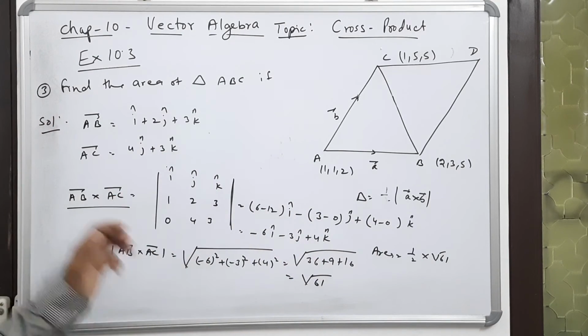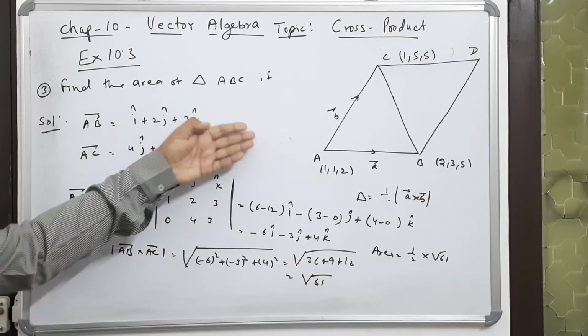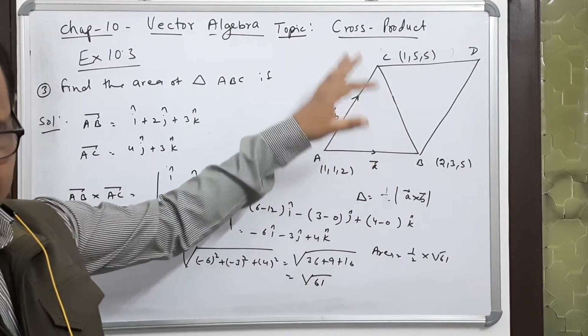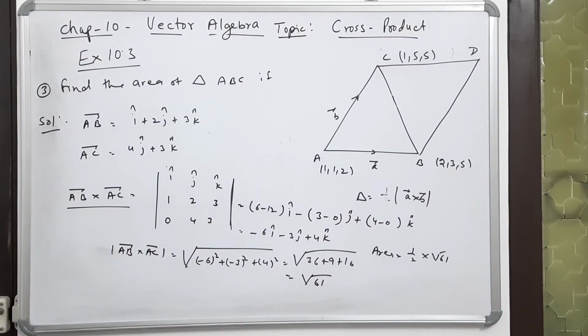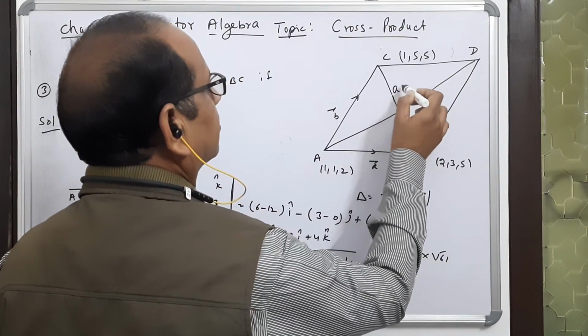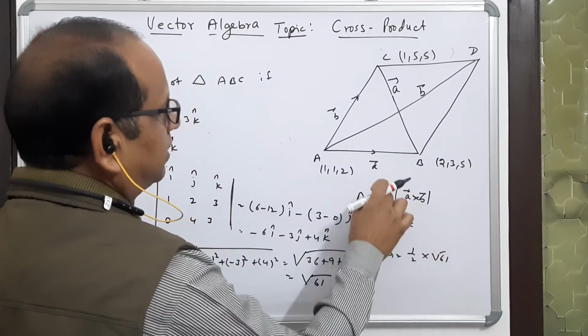So this is the important part of the cross product. How to find the cross product, the magnitude of the cross product. What are the applications of the cross product for finding the area of triangle and for finding the area of parallelogram. And I already explained one more, that if the vectors representing the diagonals are given, then the area will be half of A cross B.